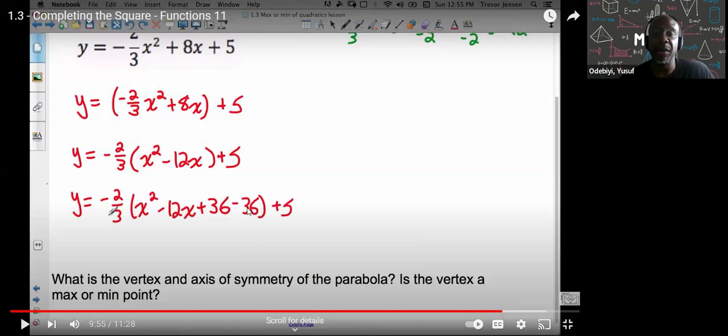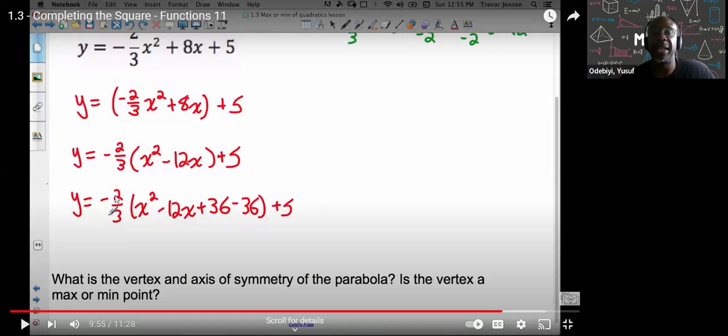Okay, and then the next thing we do, we have to take out that negative 36, because I'm only supposed to have 3 terms in here. Before I take out that negative 36, I have to multiply by a negative 2/3. So on the outside here, it's going to be negative 36 times negative 2/3.